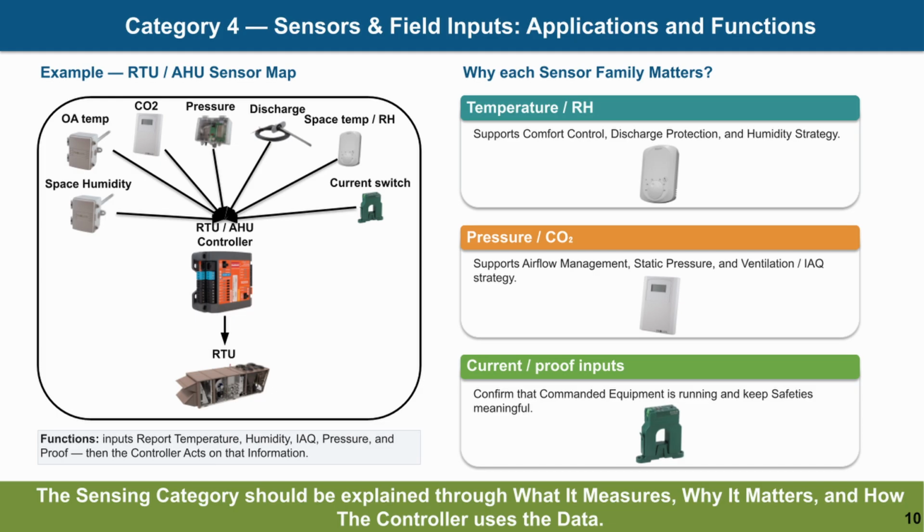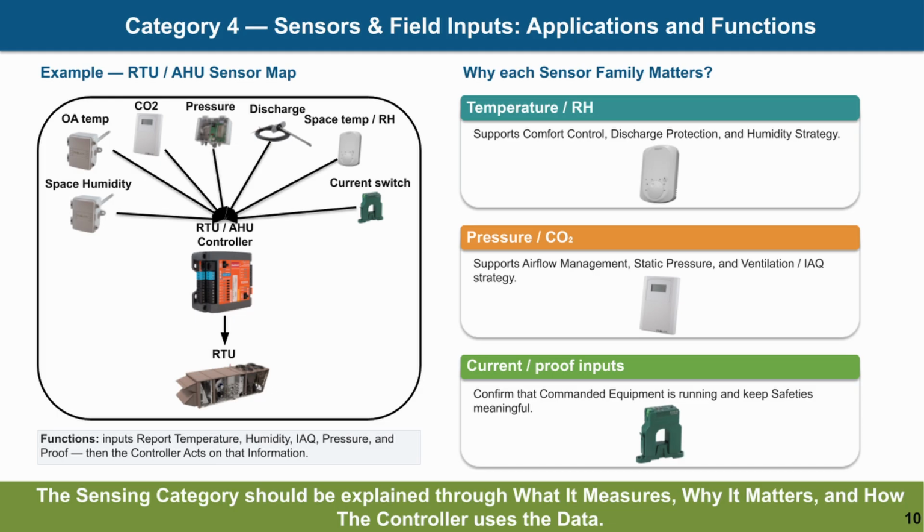Temperature and RH inputs support comfort control, discharge protection, and humidity strategy. Pressure and CO2 support airflow management, static pressure, ventilation, and IAQ strategy. Current and proof inputs confirm that commanded equipment is actually running, which makes safeties and interlocks meaningful.